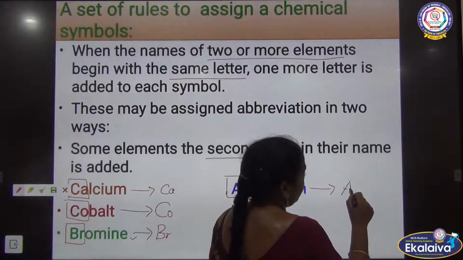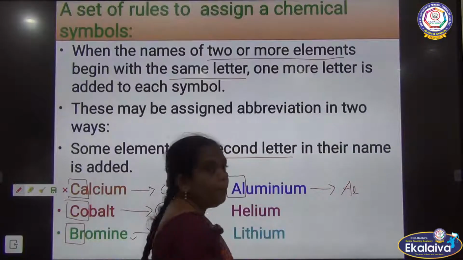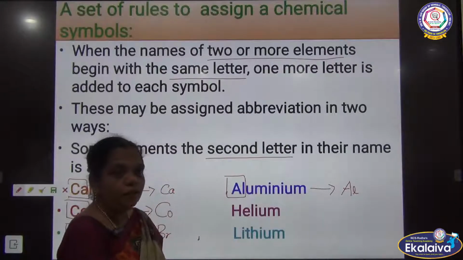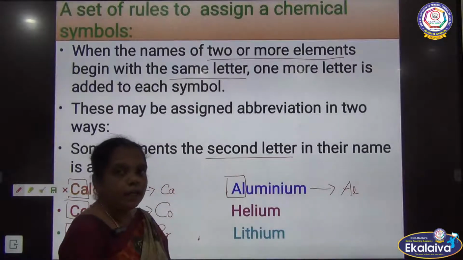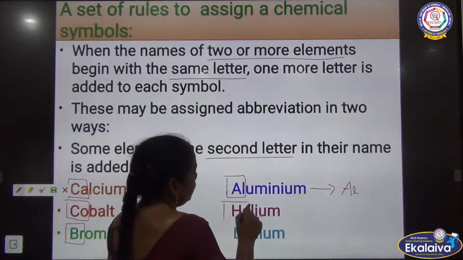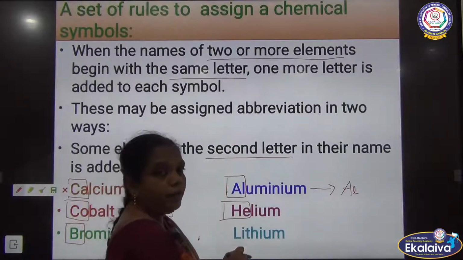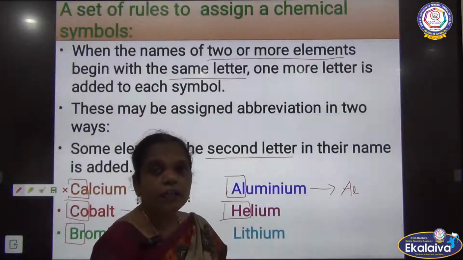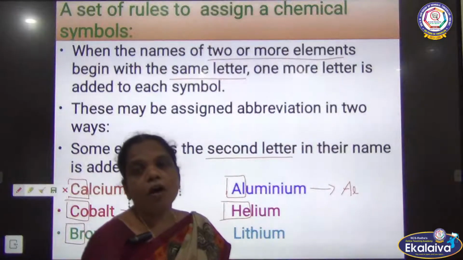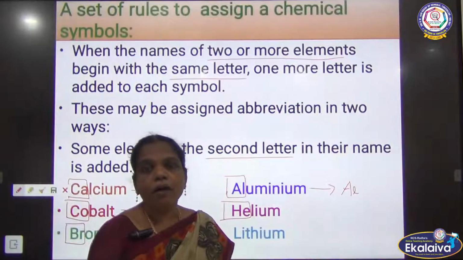Next one, tell me children, what is that? Helium. Very good. What is the symbol assigned for helium? He. Why He? Because the first letter is H, and H is already assigned for hydrogen.